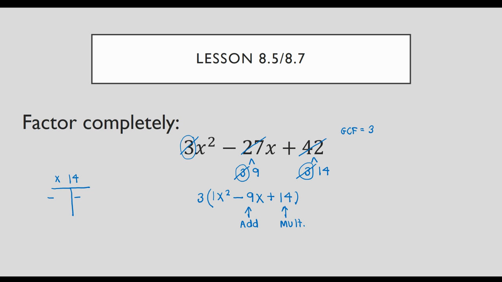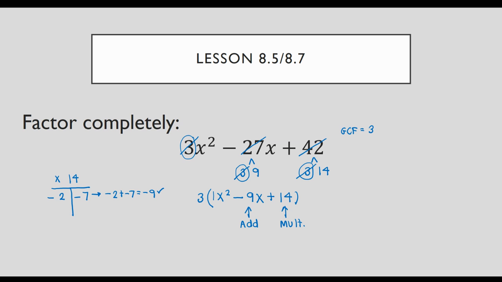So what multiplies to 14? 2 and 7. So notice that negative 2 times negative 7 will also get me positive 14. If I add those two negative numbers, I'm going to get the negative 9 that I'm looking for.